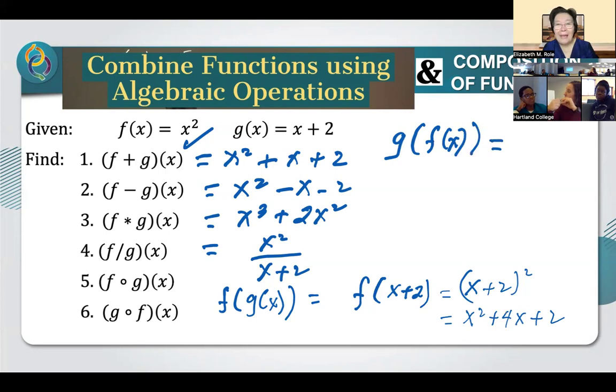So what will it be? Instead of x in this x plus 2, you substitute x squared. So it will now be x squared plus 2. Very good. I think that one is simple.